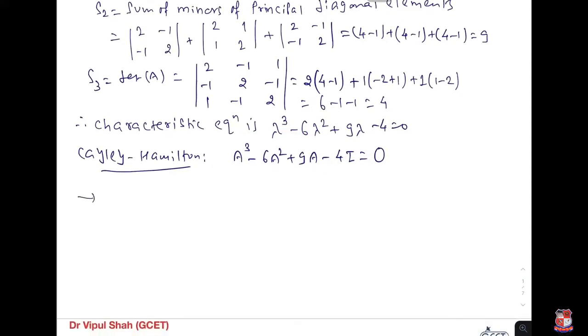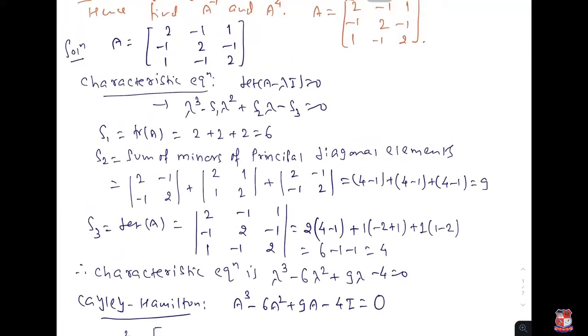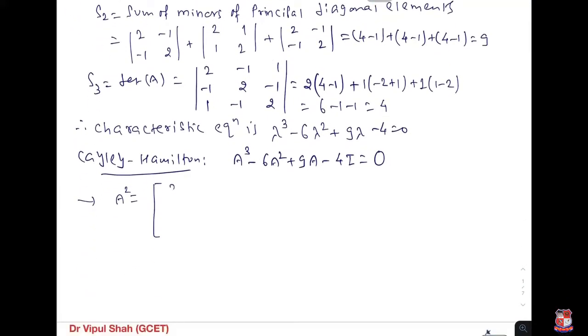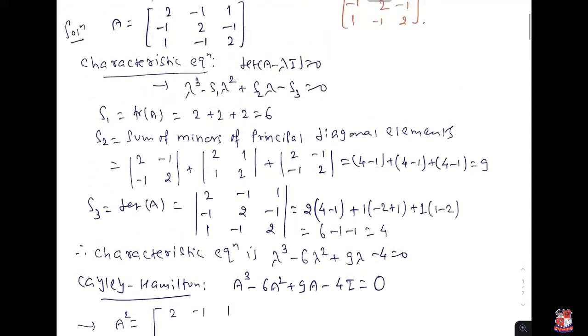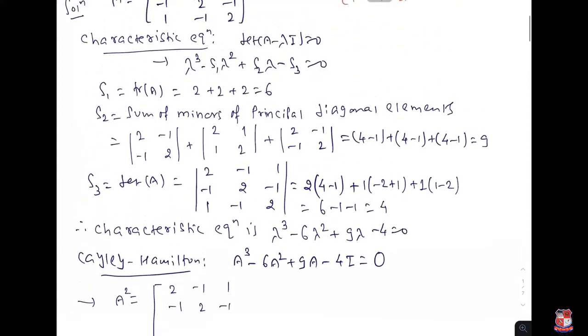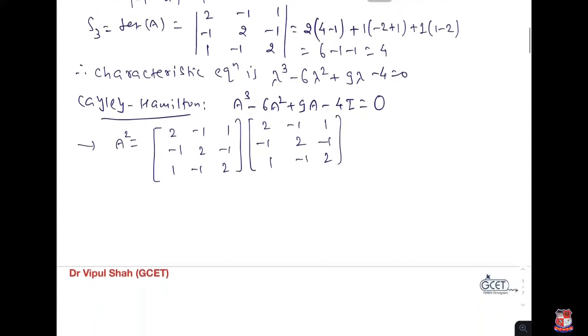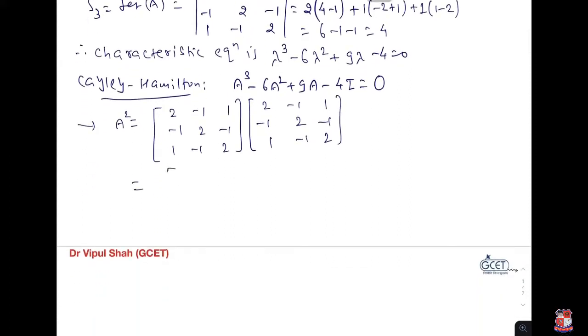So for that we need A squared. A squared is the product of two matrices A, so that is [2, -1, 1], [-1, 2, -1], [1, -1, 2], and again A, [2, -1, 1], [-1, 2, -1], [1, -1, 2]. So we need to take the product, and we know how to do the product of two matrices.